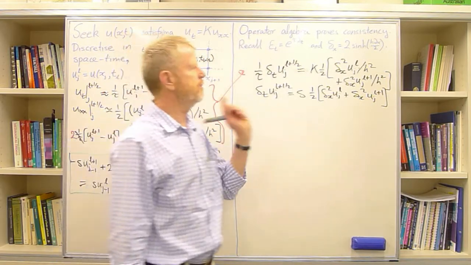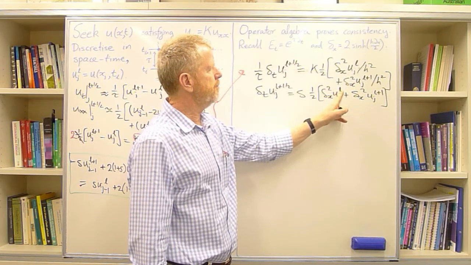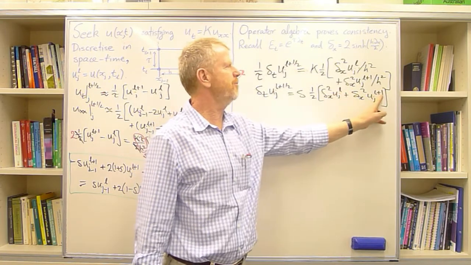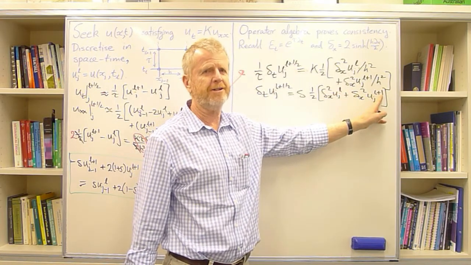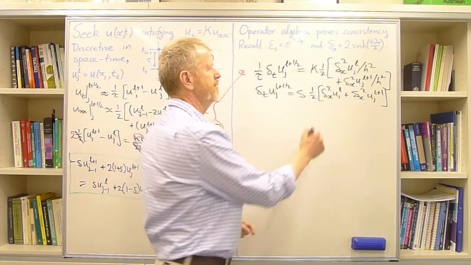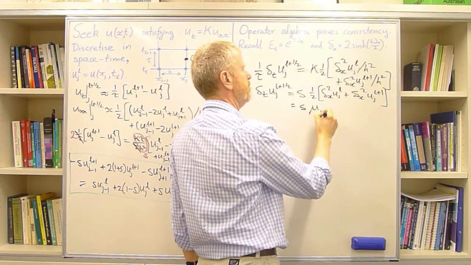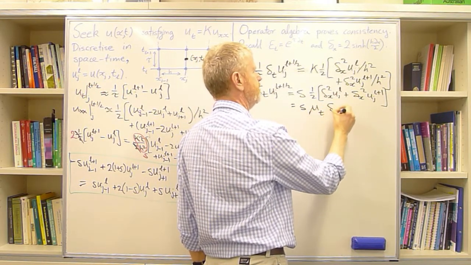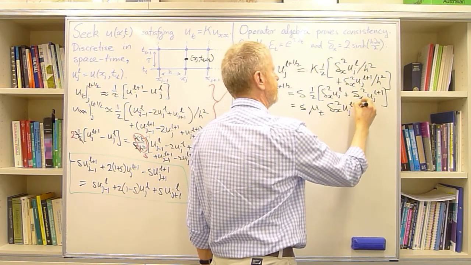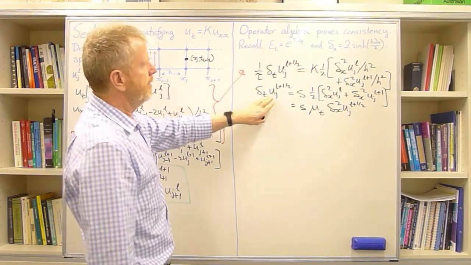Now, we've seen this combination before of a half of something at a discretisation l plus something at a discretisation l plus 1. It's the mean operator in time at l plus a half. So this is s times the mean in time of delta x squared u_j^{l+1/2}.